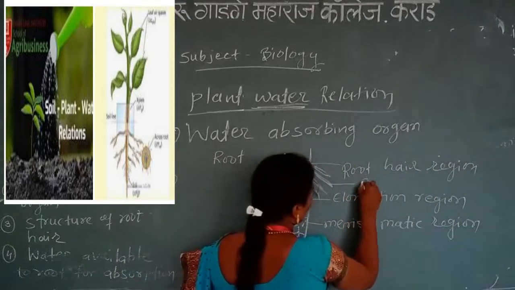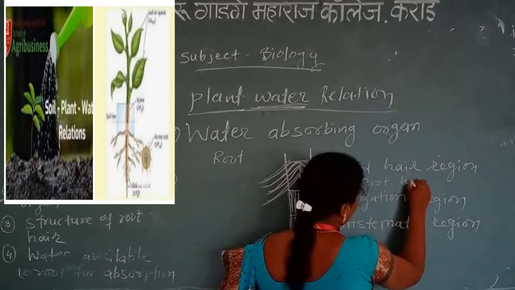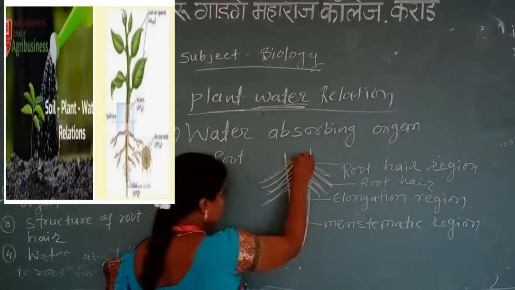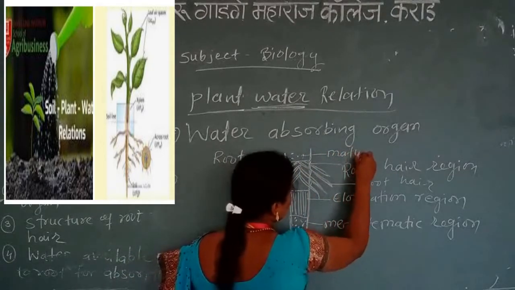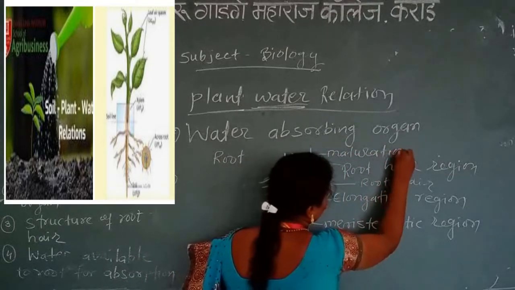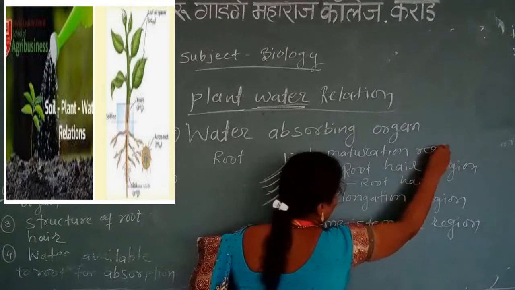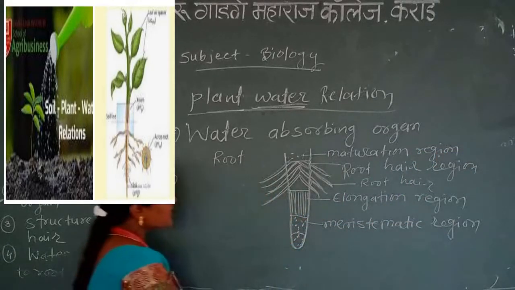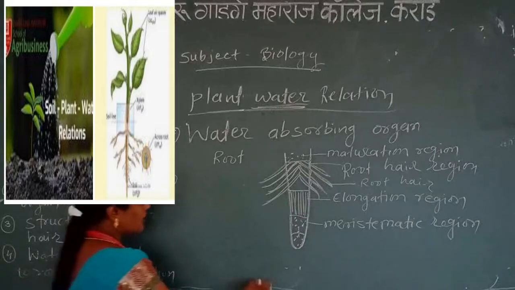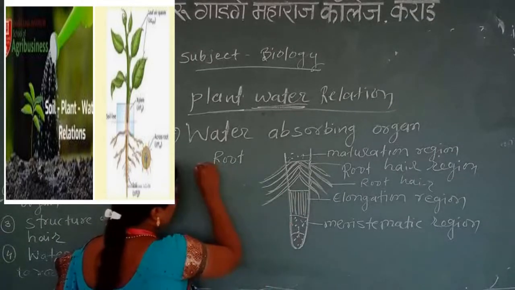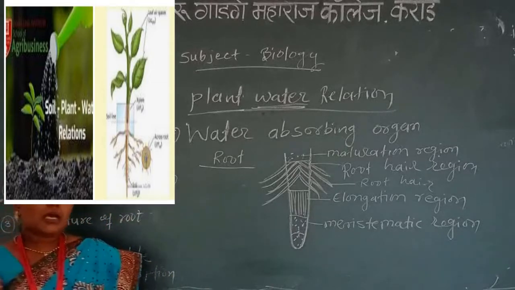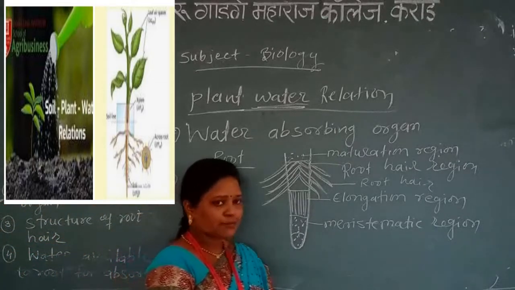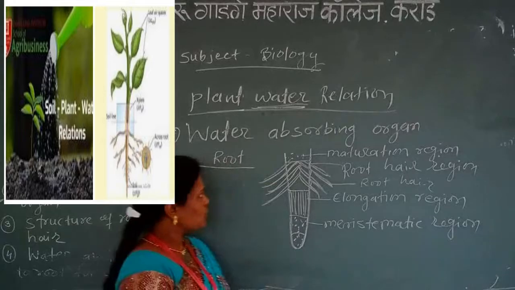And the last region is maturation region. So these are the four regions that divide the structure of root. These four regions help to absorb the water from the soil.